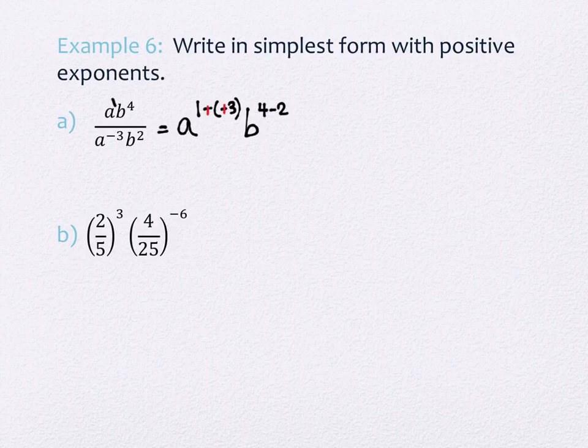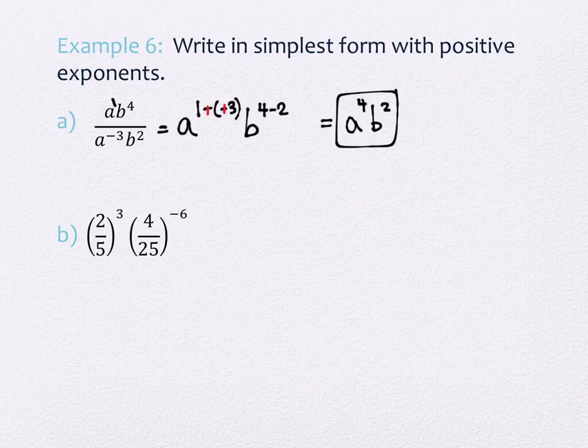Like that. So I end up getting a to what power? The 4. How about 4 minus 2? 2. So on this one, not all problems like this work out so well in one step. It was a one-step problem by using this method.